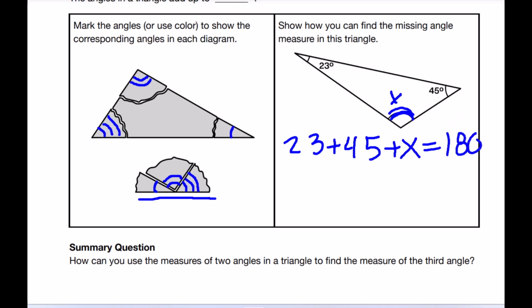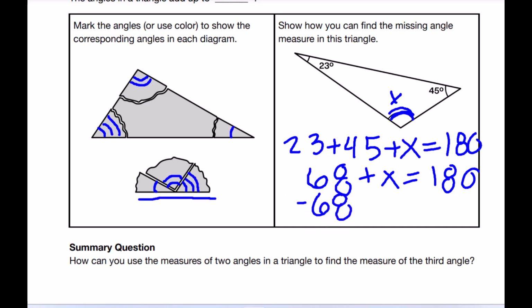So if I add the two known measures together, that gives me 68 plus something is equal to 180. So to find that something, I can just subtract 68 from 180. So that missing angle measure must be equal to, let's see, 180 minus 60 would be 120, and another 8 would be 112 degrees.